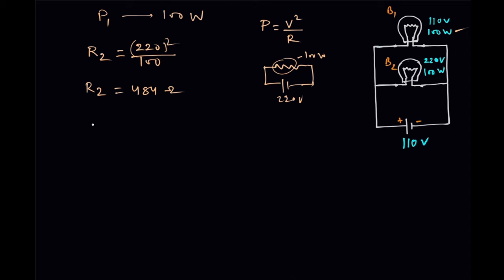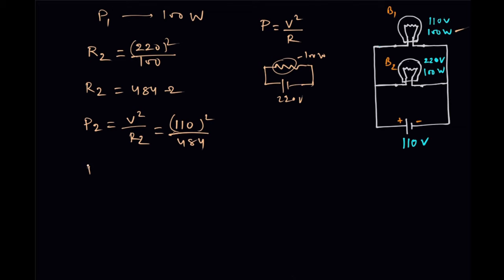So how much power will it consume? P2 is equal to again V square divided by R, V is how much here? That is 110 volt. This is the actual calculation for our configuration, and the earlier one is the calculation for the rating of the bulb that is specified by the manufacturer. So this is 110 square divided by R. R2 we calculated, that is 484.